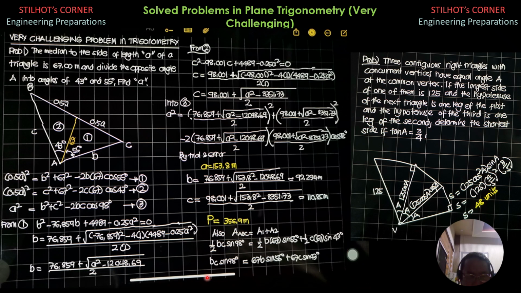If you simplify that, after cancelling out 1/2, BC sine 98 equals 67B sine of 55 degrees plus 67C sine of 43 degrees. You substitute the expression for B here, which is this, and the expression for C, which is this here, into this equation.